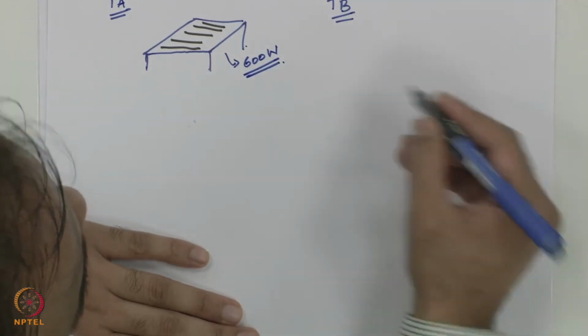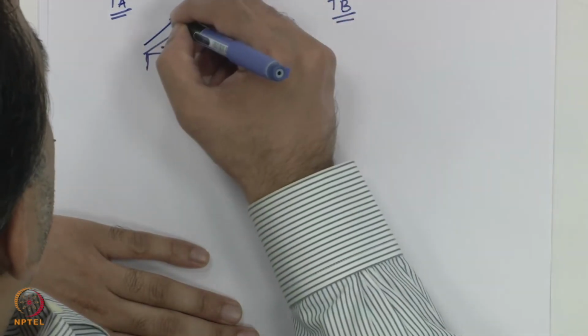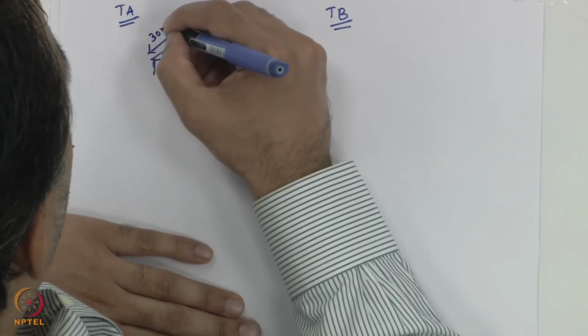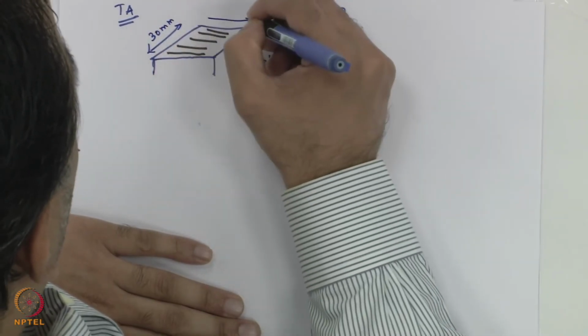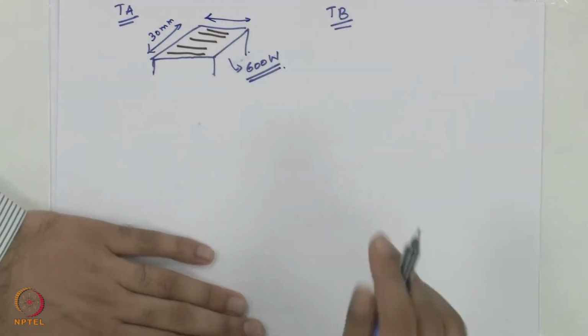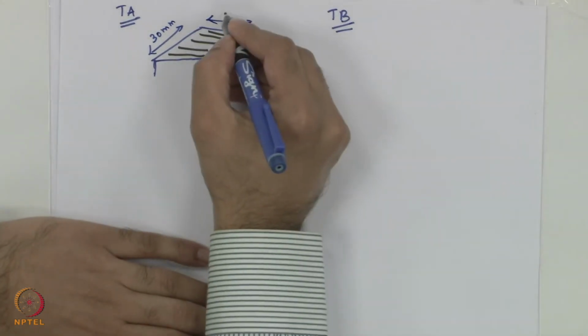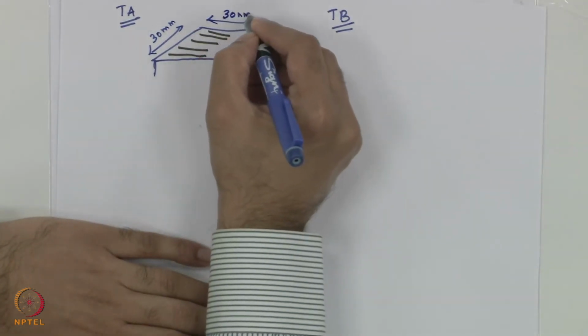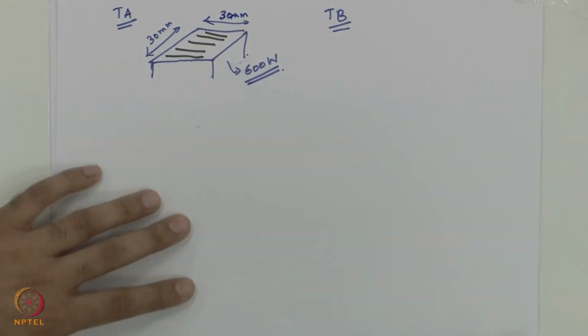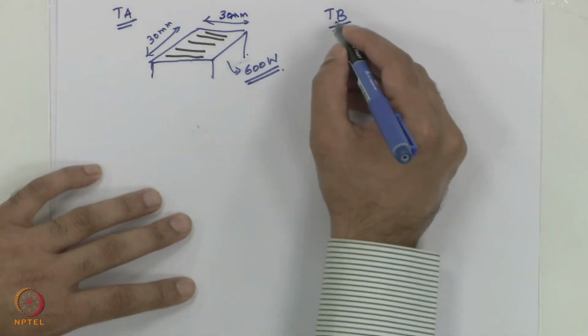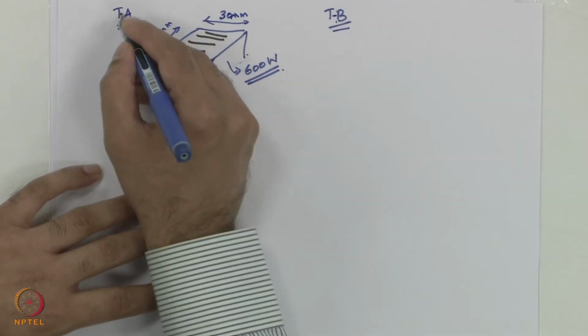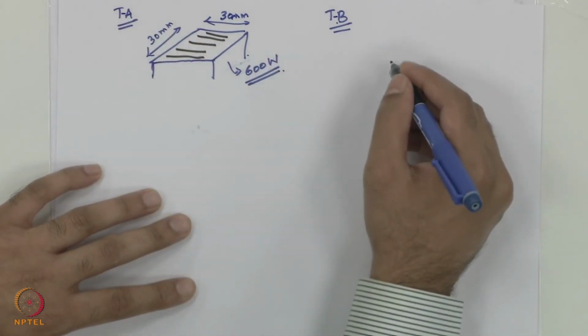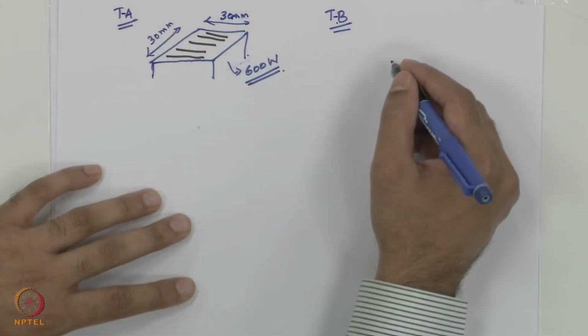And this silicon device has an area of 30 mm by 30 mm. So that's the area, and team B says we need to spread the heat to a larger area and then put this down.